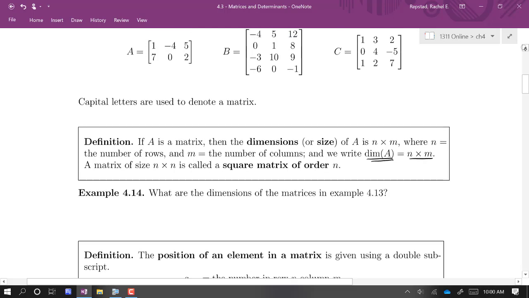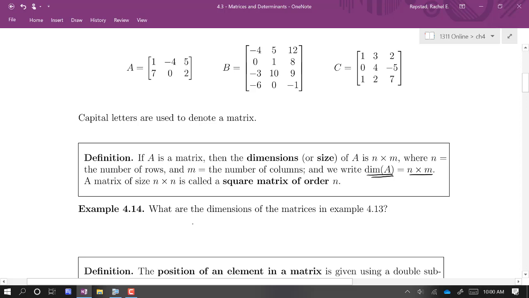So if I wanted to write out the dimensions of the matrices in the example up here, well, the dimension of A, I've got 2 rows and 3 columns, so that's 2 by 3. And we leave it like that. We write it as 2 by 3. We do not multiply and say, oh, the dimension is 6. That doesn't describe the matrix's dimensions.